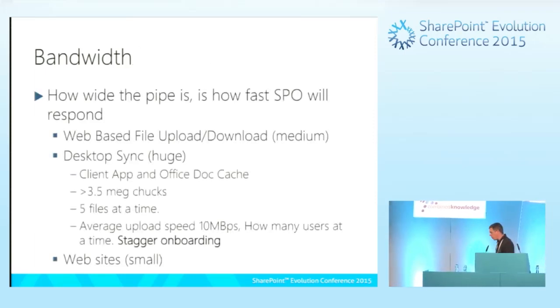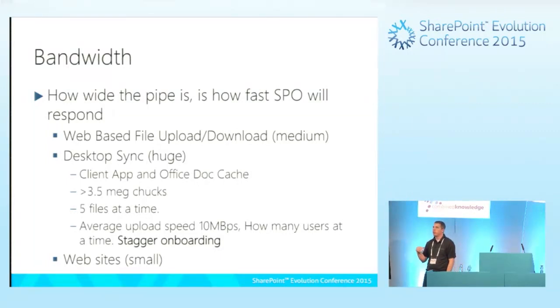So we'll talk about two things, bandwidth and latency. Bandwidth being the size of the internet pipe that you have available to you, and then latency being the length of time that it takes to communicate from one point to another. So basically, the more money you spend on bandwidth, the faster SharePoint Online is going to react.